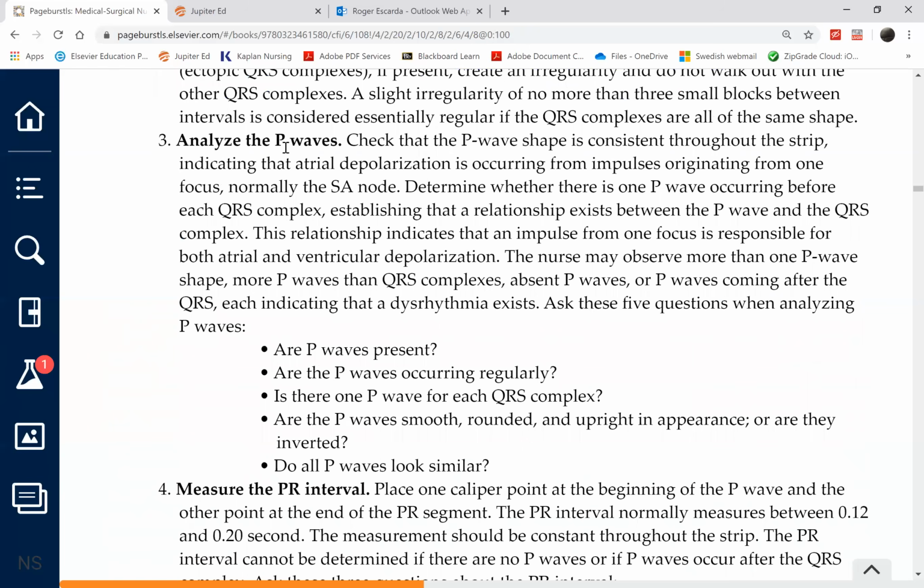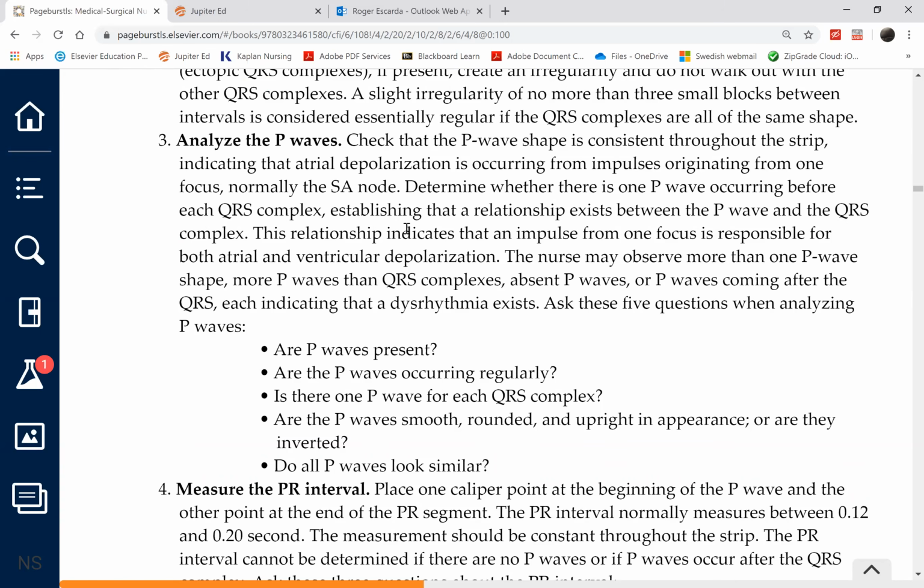Step 3 is P waves. First of all, why is the P wave very significant? It represents the SA node, and if you don't have it, it means that the heart is not beating enough to provide enough oxygenation to the body. Like in order to have 60 to 100 beats, you need the P wave.